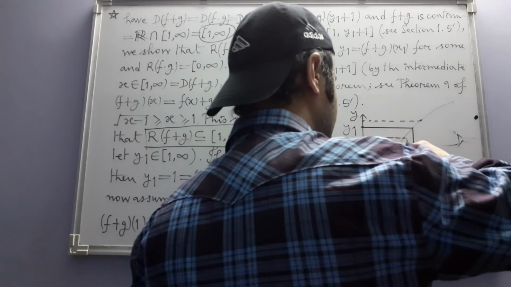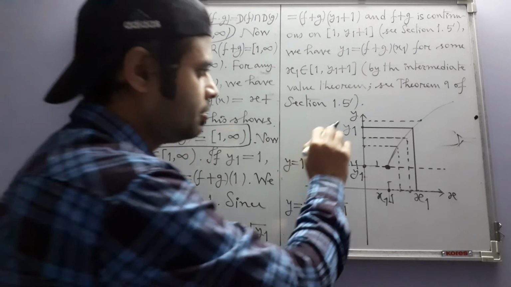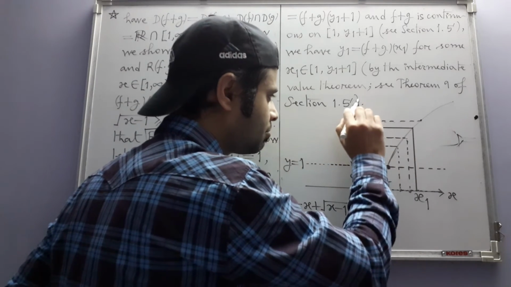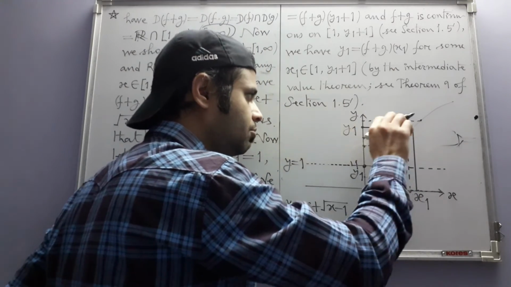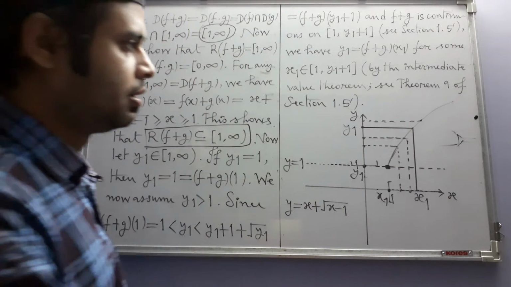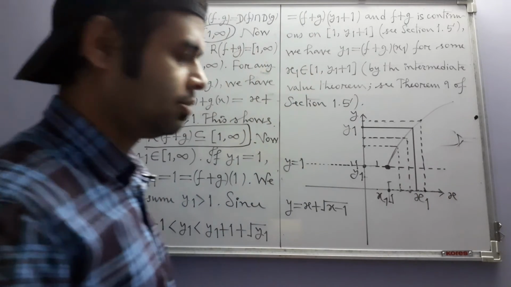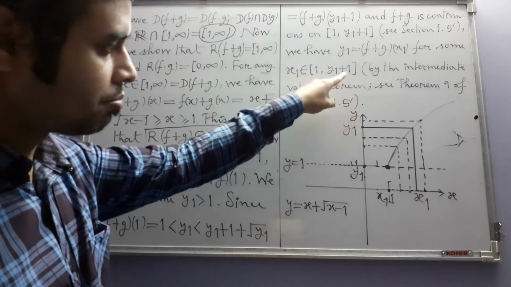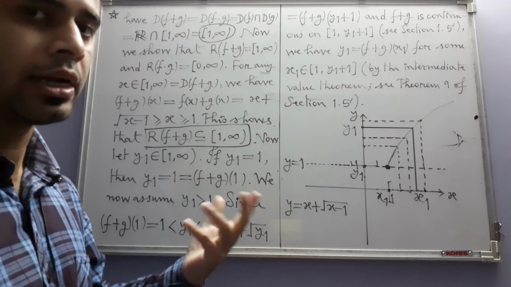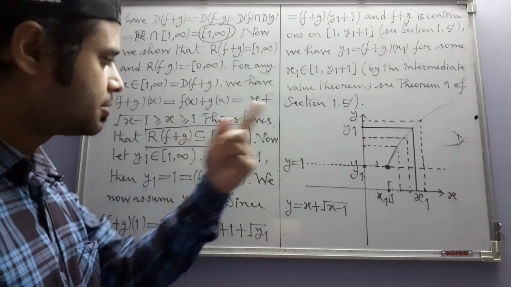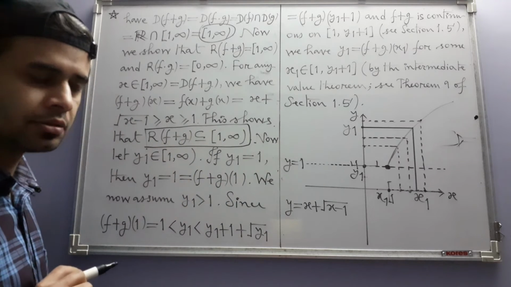It is in one piece. It's a continuous line. So that's why when we draw a horizontal line passing through y1, it will intersect the graph somewhere. And when we drop a perpendicular from that somewhere, we get our input. So every point in this region of the y-axis appears as the shadow or appears as the output, and hence every point here will also belong to the range.